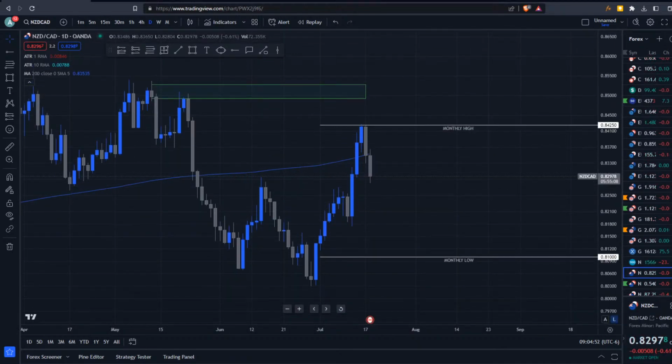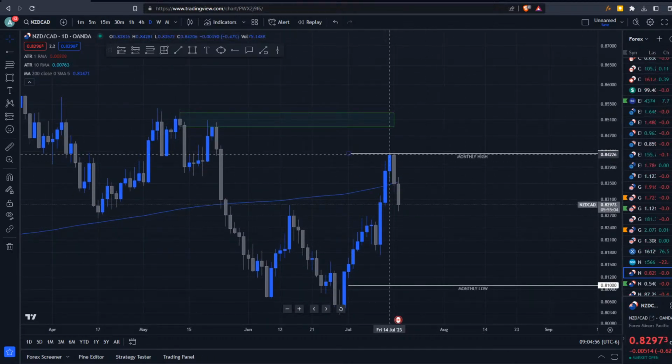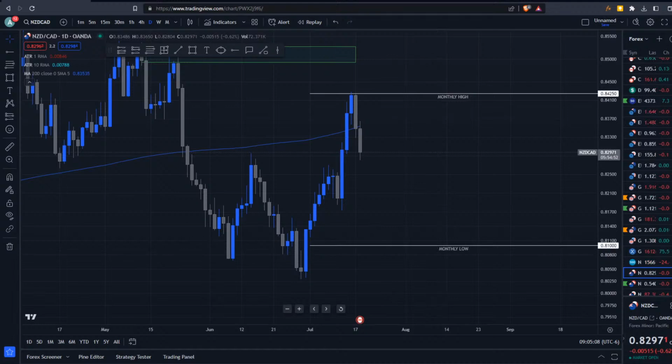NZD CAD seems to be making its way back down. Lots of bearish engulfing candles here, and then today's printing a nice bearish candle as well. This is the monthly target, so we'll most likely just keep heading down to that.